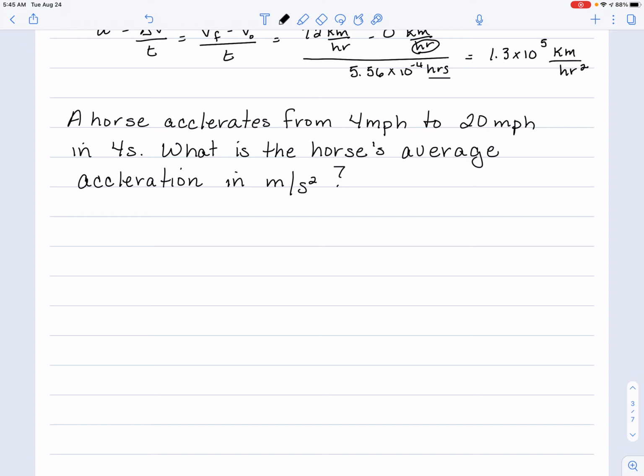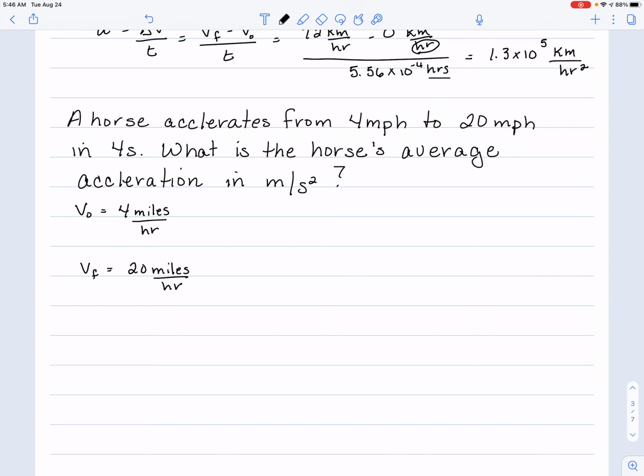So our horse is going from 4 miles per hour, so we know that our initial is 4 miles per hour, and our final is 20 miles per hour. Now we're asked for our acceleration in meters per second, so we need to do some conversion.